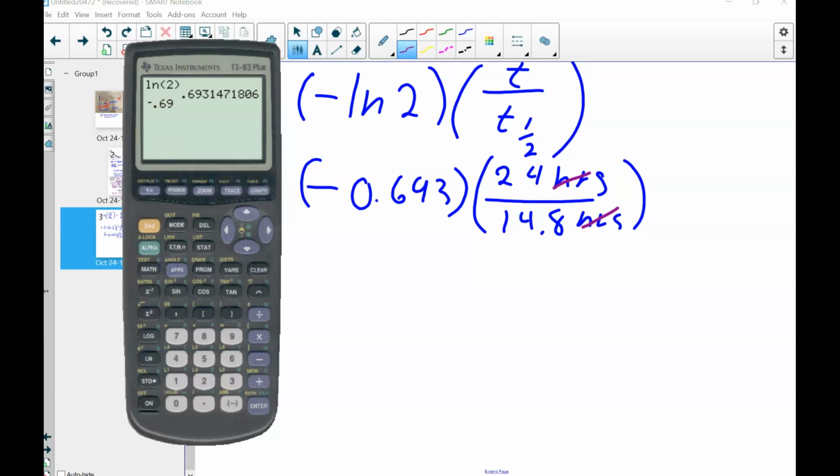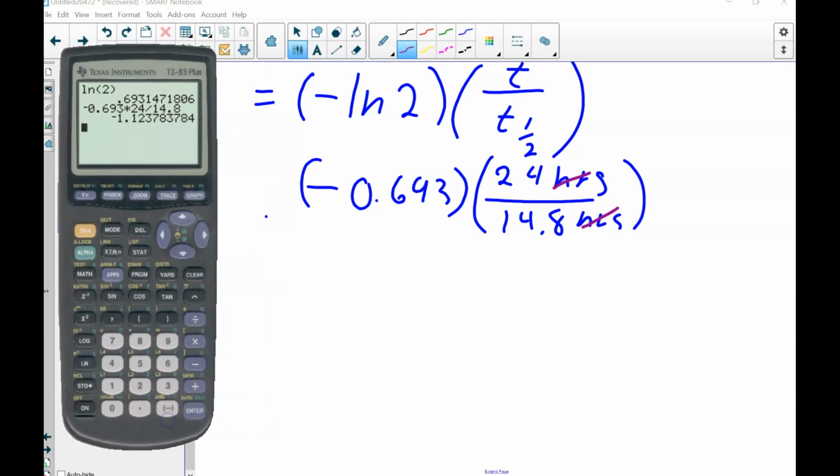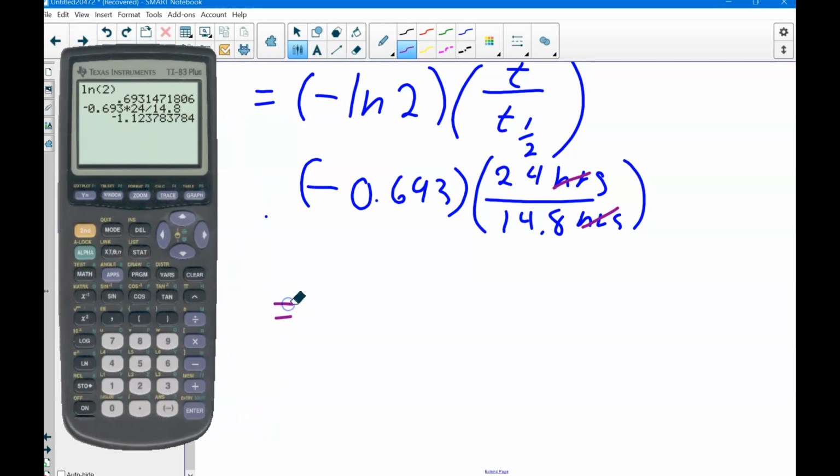Negative 0.693 multiplied by 24 divided by 14.8. That's going to give us negative 1.12. Now, that's in logarithmic scale.